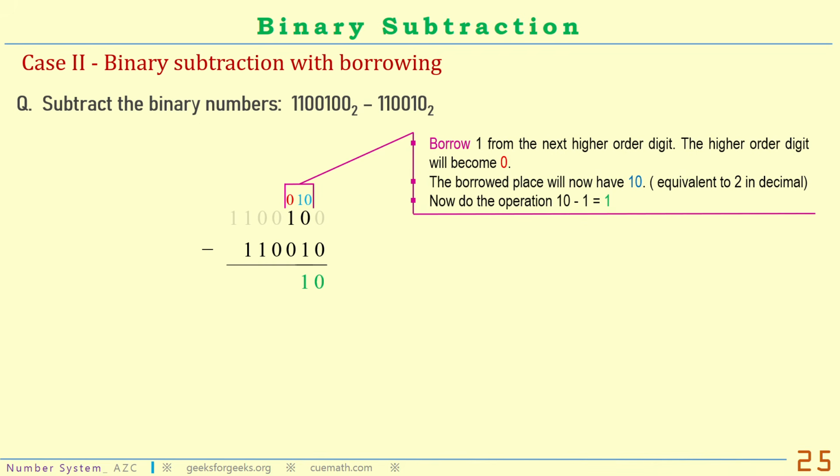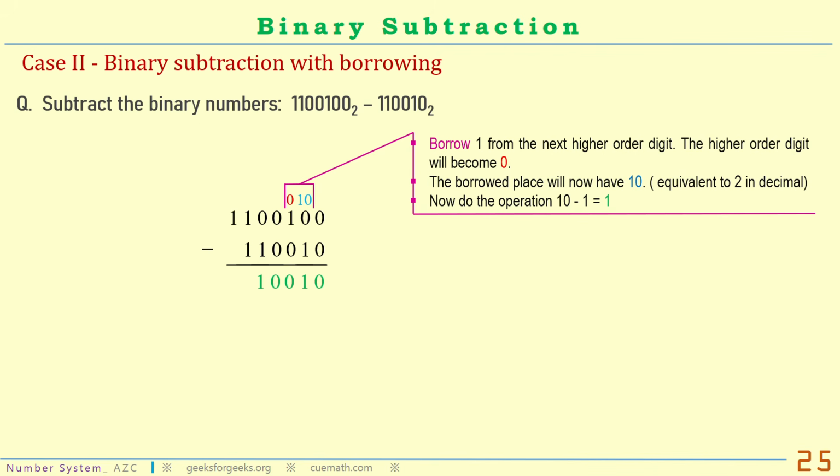Next is 0 minus 0 is 0. 0 minus 0 is 0. Next is 0 minus 1. So borrowing from the next higher order digit, 10 minus 1 is 1. Next is 0 minus 1, because the upper digit 1 has given 1 to the right side 0, so it becomes 0.